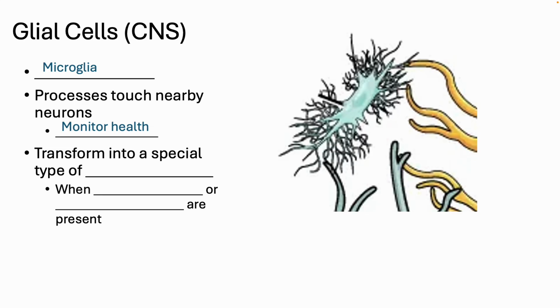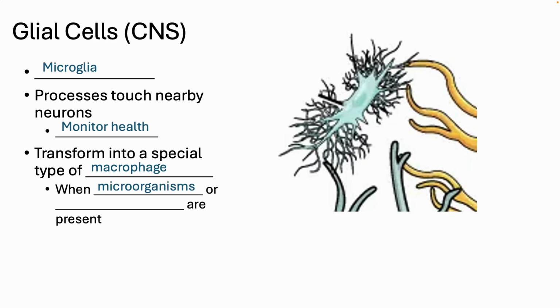If a neuron is damaged, the microglia will travel closer to that neuron, and when they do so, they will transform into a special type of macrophage.